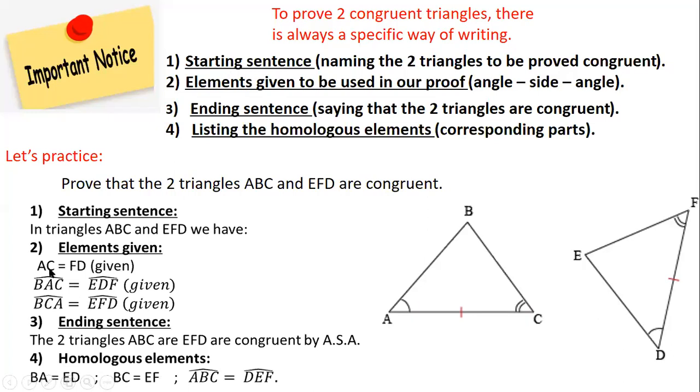Yes, so I simply write, AC is equal to DF or FD. What do I mean by the word given? I took this from the drawing. It's given for me. So I just write the word given here. Thank you, Adnan. After I found the side, now I should look for adjacent angles.